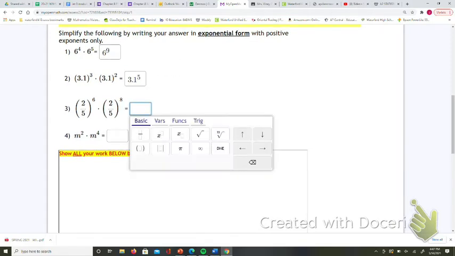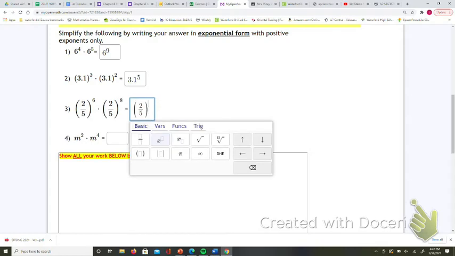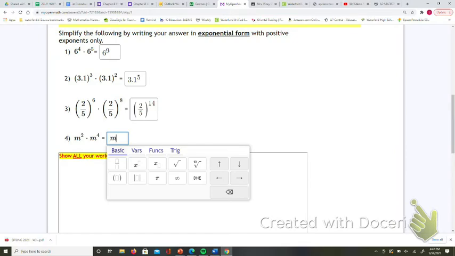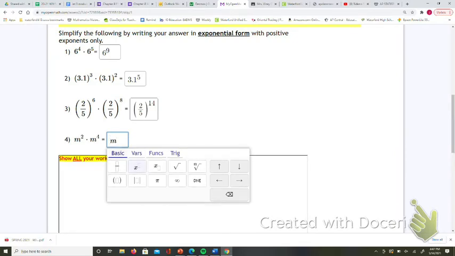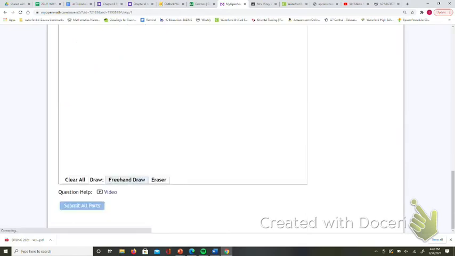Then on the third one, remember to do a fraction, you're going to hit the parenthesis, then the fraction, then you're going to type the numerator, which is 2, the denominator, which is 5, then put your cursor on the outside of the parenthesis, type your exponent button, and type 14. Then on the last one, m, which is your base, your exponent button, and 6. And then we submit.